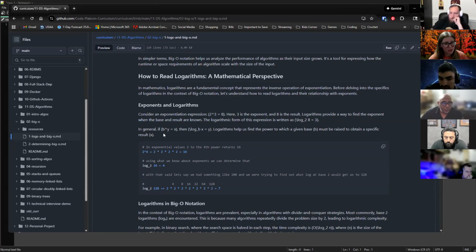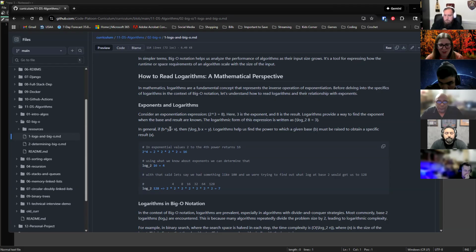So in general, it will always follow this structure. I don't know why we choose the letters we choose in these math variables, but if we have b raised to the y equals x, then the log base b of x equals y.